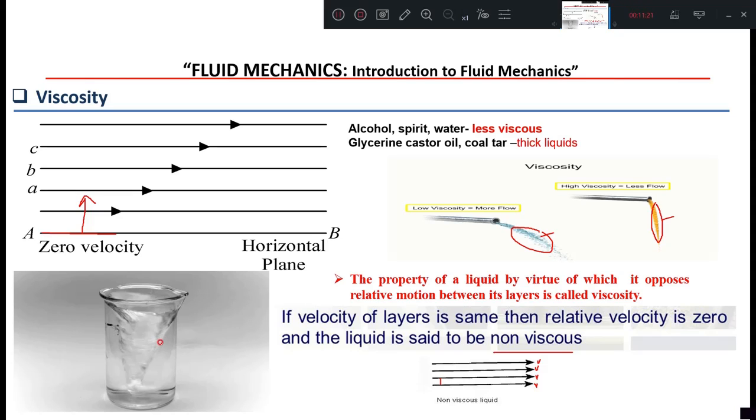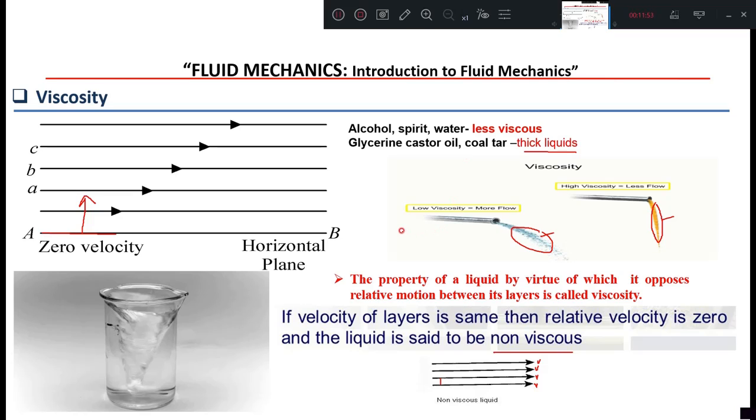Lesser mobility is observed in oil than in alcohol, because oil offers more resistance to relative motion and is said to be more viscous than alcohol. Hence, alcohol, spirit and water are less viscous liquids, whereas glycerine, castor oil and coal tar are thick liquids, also called more viscous liquids.